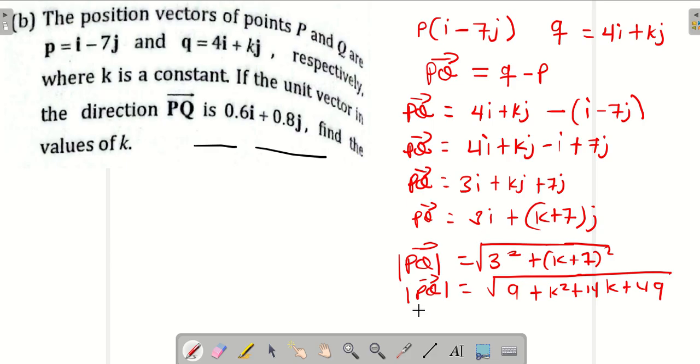So we have PQ should be equal to the square root of k squared plus 14k plus 58. Okay, alright, so we have gotten the magnitude of PQ to be this.